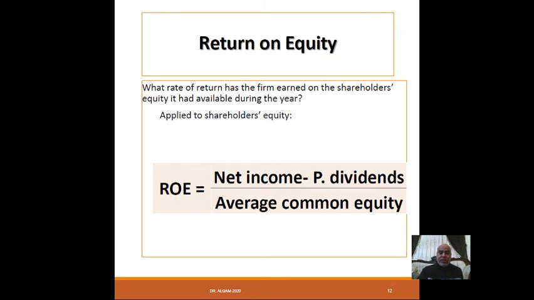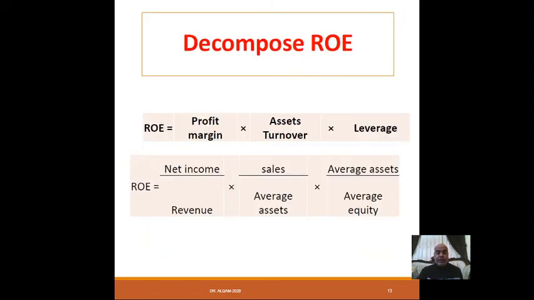Then we go to the return on common equity. Return on common equity, as you see, my students, is net income minus preferred dividends, if we have preferred shares, over average common equity. What do we mean by common equity? If we have any preferred shares and their rights, you should exclude them from owner's equity to compute return on common equity.